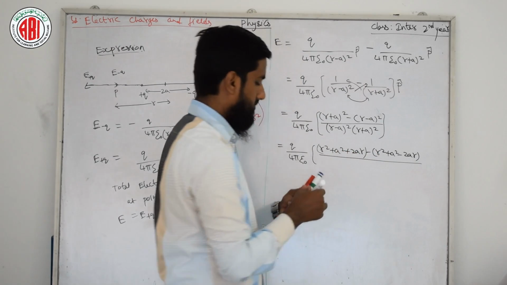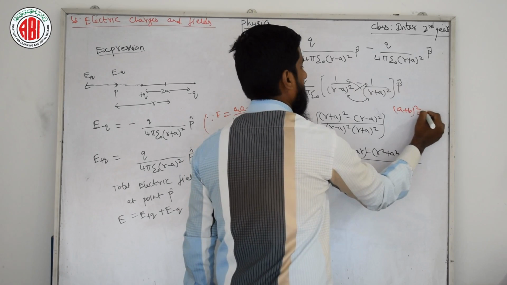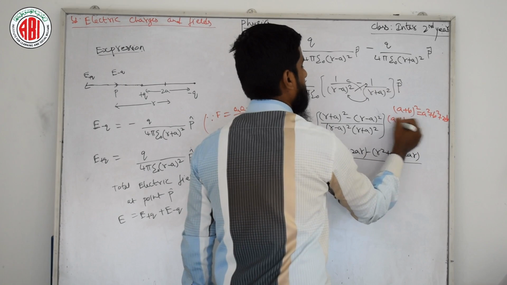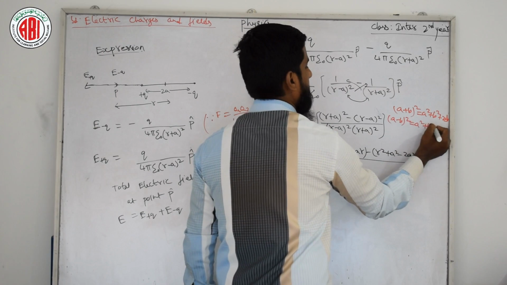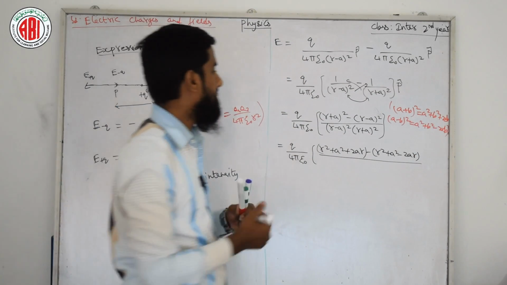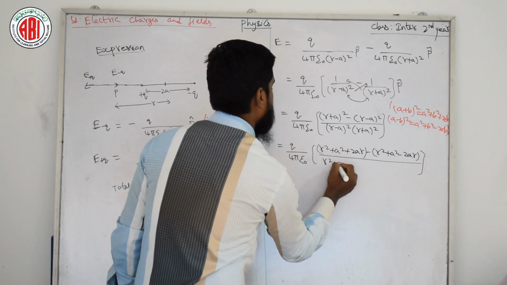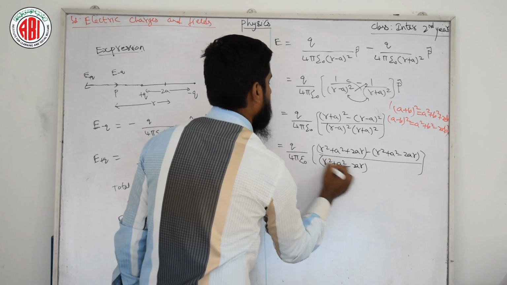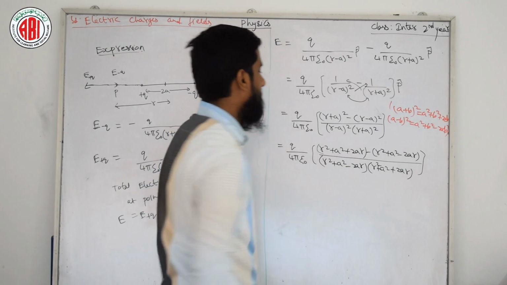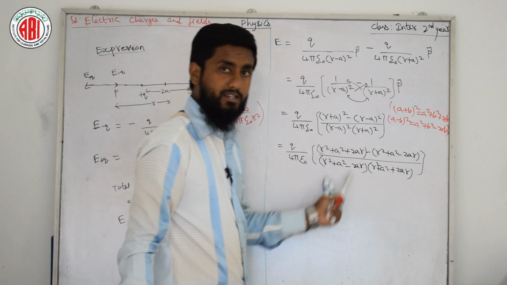From the formula: A plus B whole square is nothing but A square plus B square plus 2AB, and A minus B whole square is A square plus B square minus 2AB. From those formulas only we get these two steps. The same thing we do here: R minus A whole square means R square plus A square minus 2AR, and R plus A whole square gives R square plus A square plus 2AR.